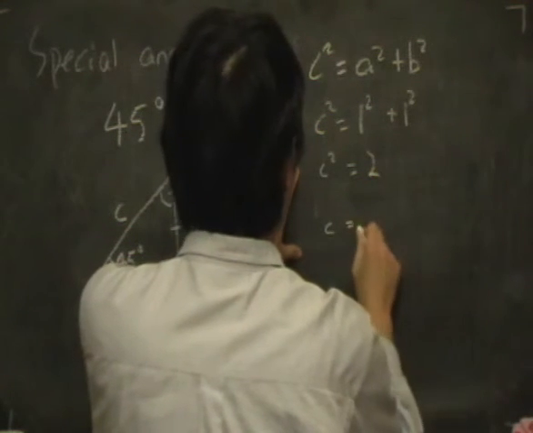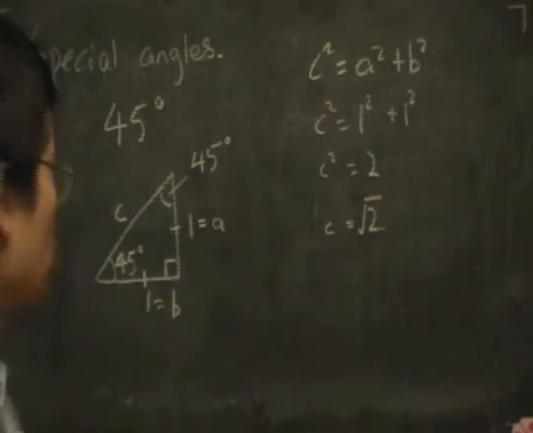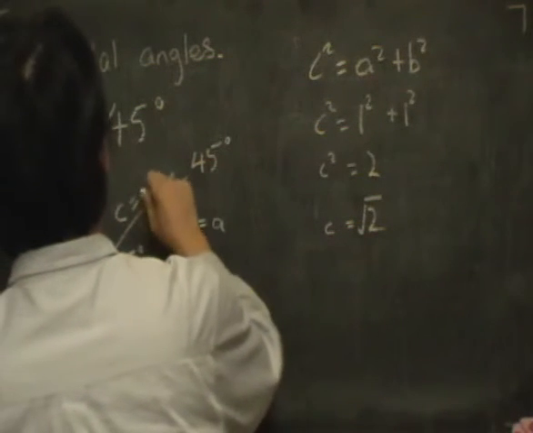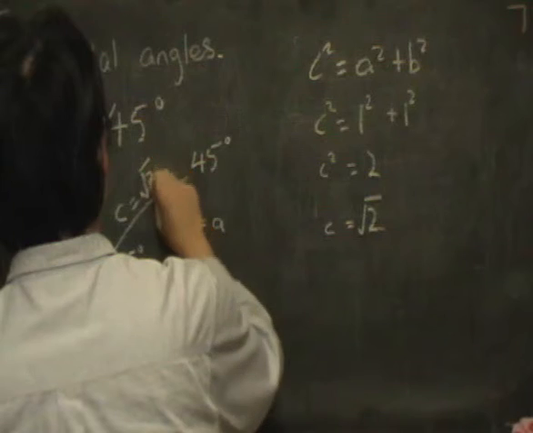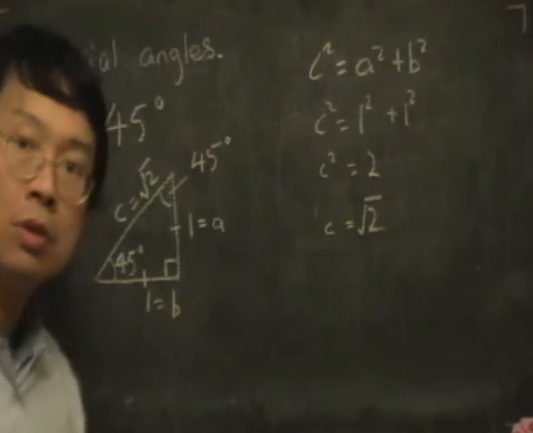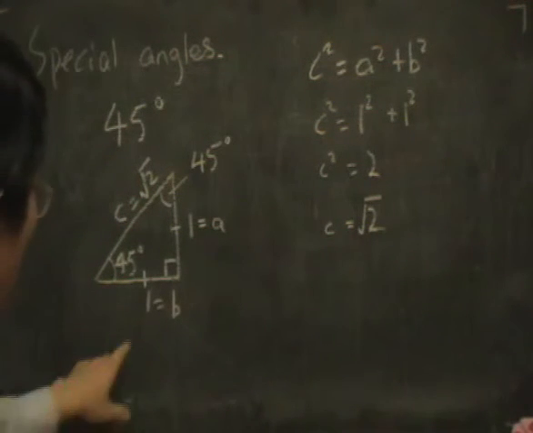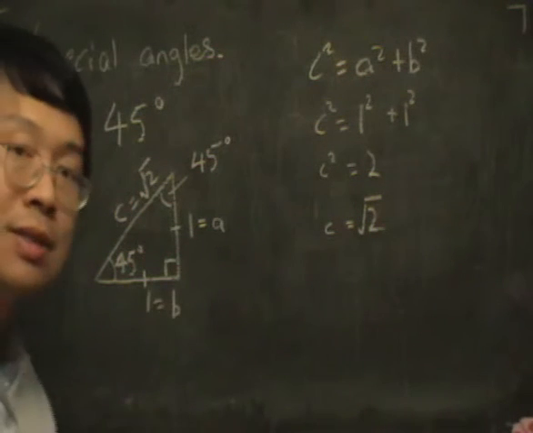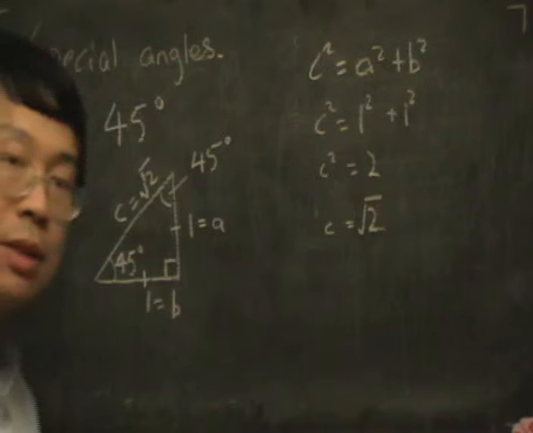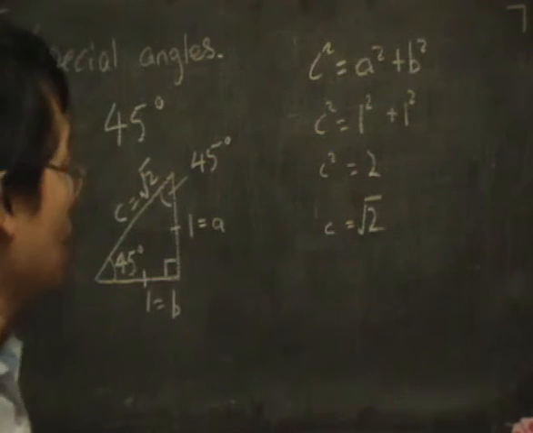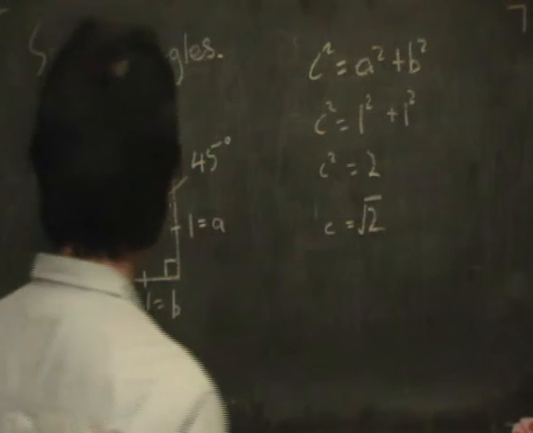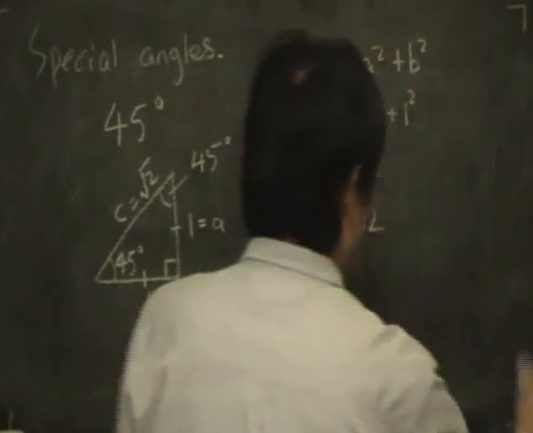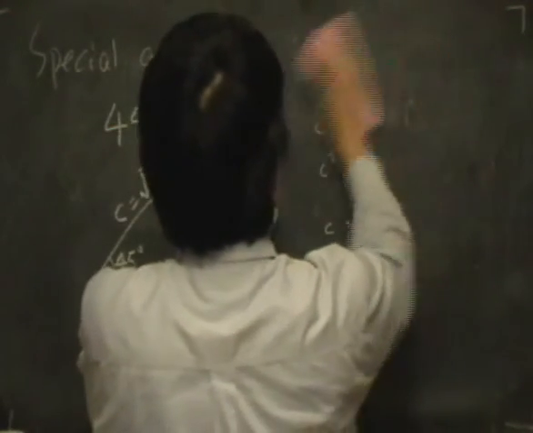Therefore C is equal to the square root of 2. Therefore, we now have all the sides of this triangle, and this also means that we can find the sine, cosine and tangent. So let's do that.